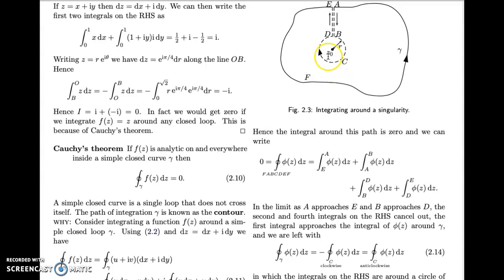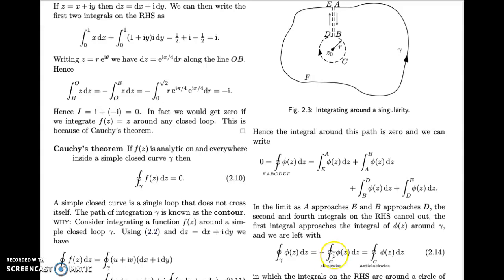We can approximate this as a circle, which we'll call C. So what does that mean? We've got rid of this term and this term. We have 0 equal to this integral around here plus the clockwise integral around here, which means that the integral we want to find is equal to minus the integral around C clockwise.